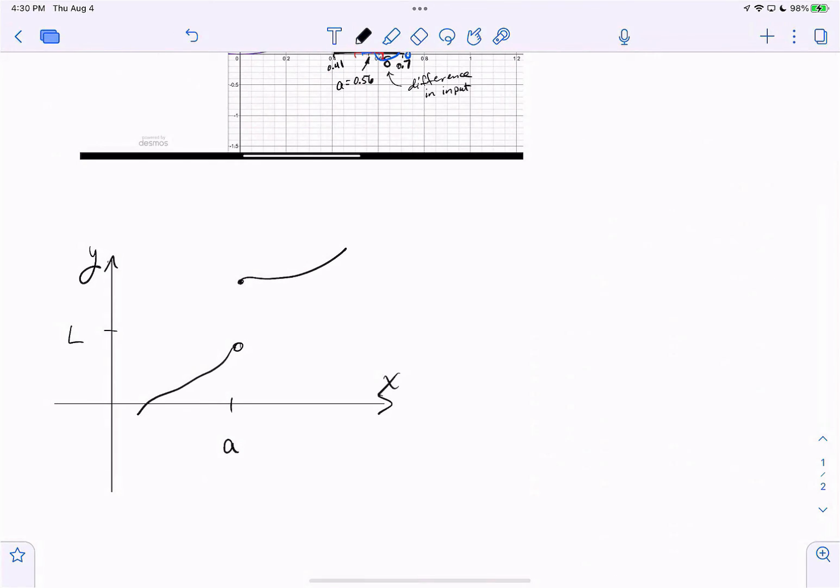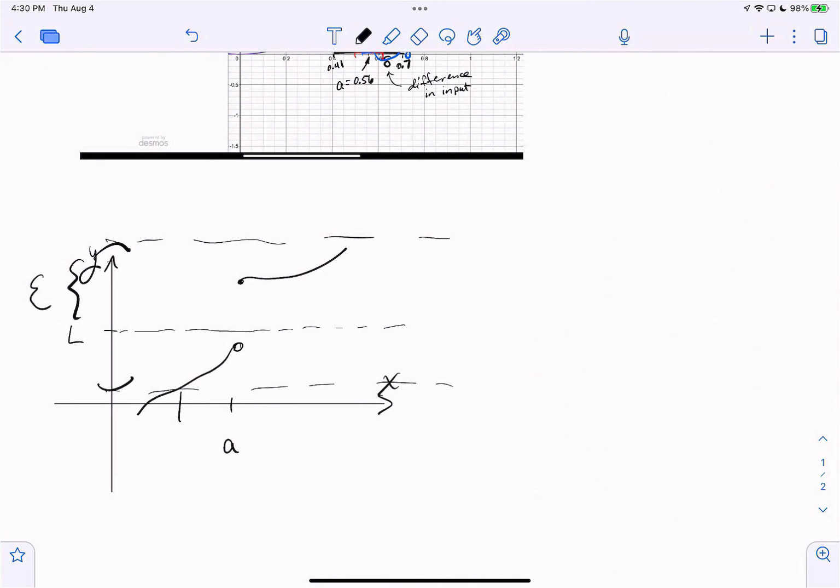So y there, x there, and say there's my limit L. And if I define an epsilon neighborhood, however big that is, then yeah, I can come up with a delta neighborhood. Let's say this is there. I can come up with an interval on the x-axis such that for all of these input values, my output value is between these specified dotted lines.